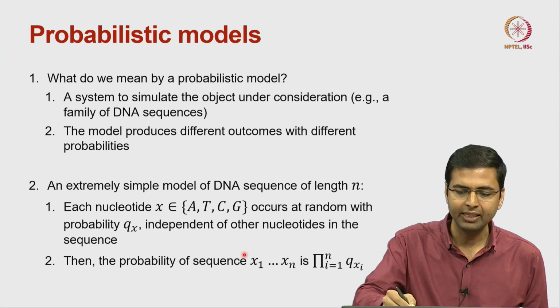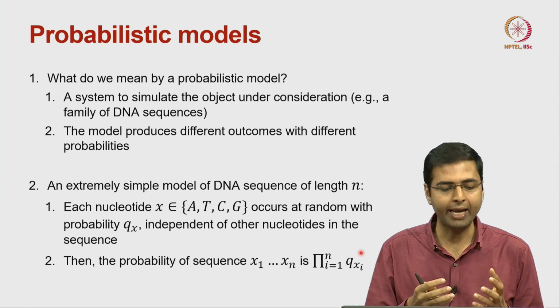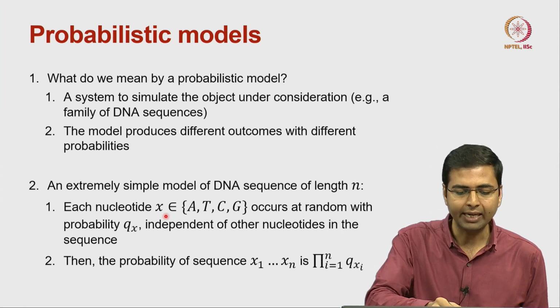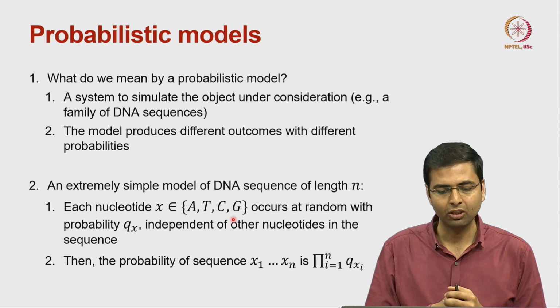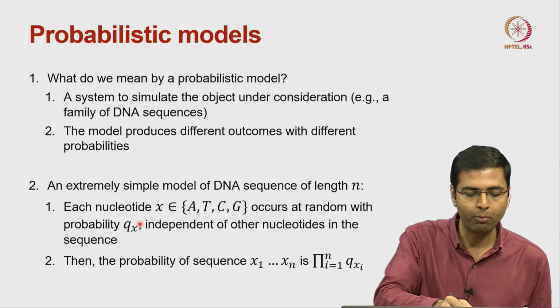For example, a very simple model of a DNA sequence of length n can be as follows. In the model we can assume that each nucleotide A, T, C or G occurs at random with some probability Qx.